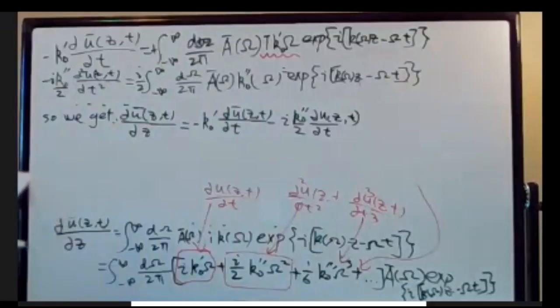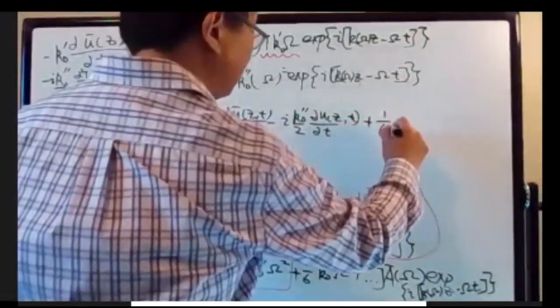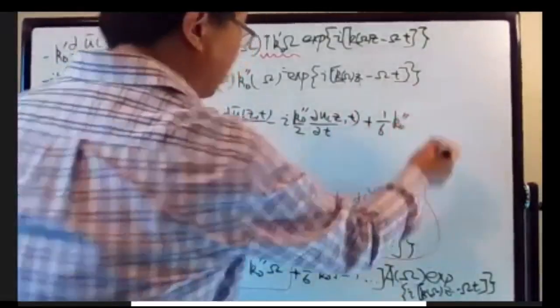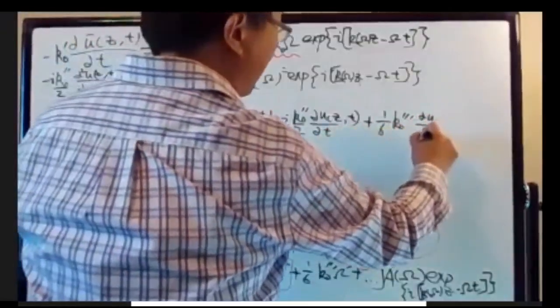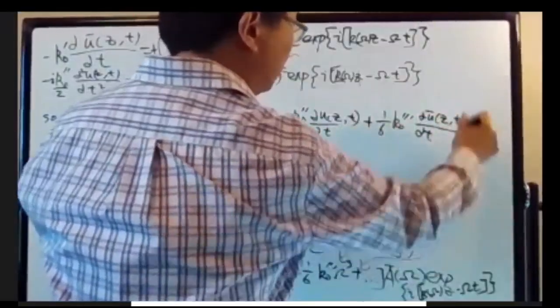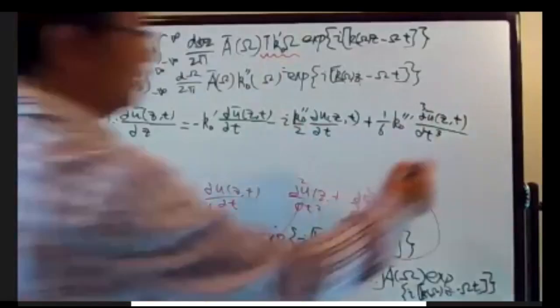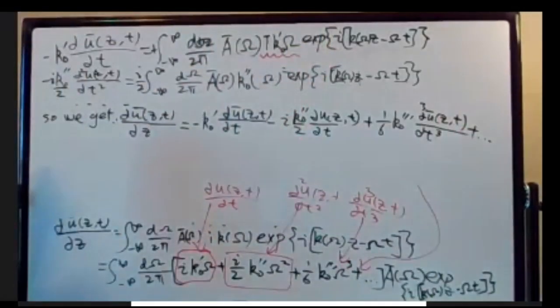And then we will add the third term plus 1/6. It's 3 factorial, right? K naught, I'm just directly writing it down. Partial u partial t bar of z,t, right? Third order derivative. And then we should write all the way down to infinity to be complete.